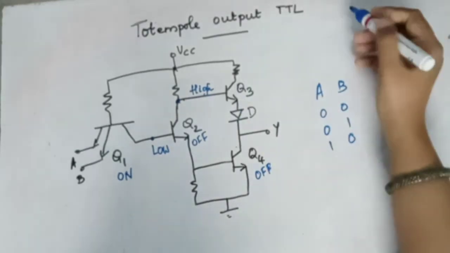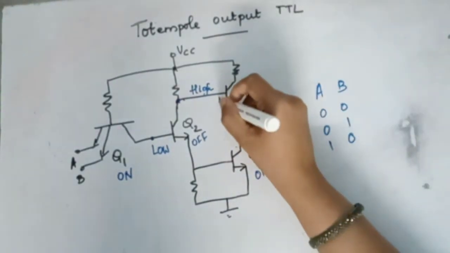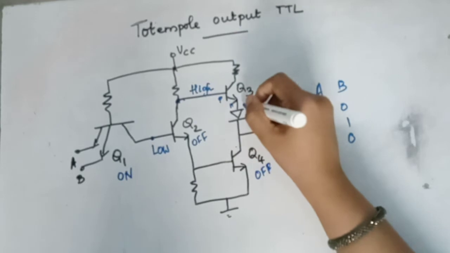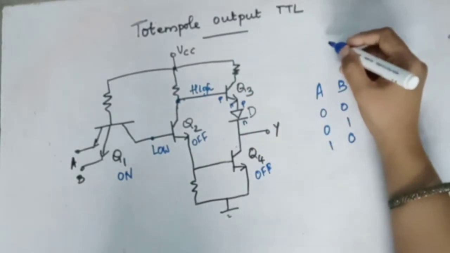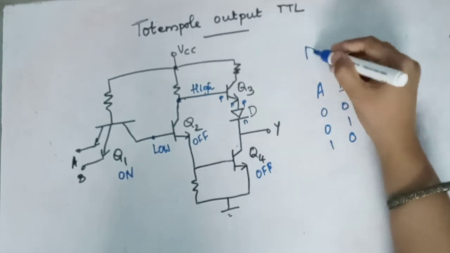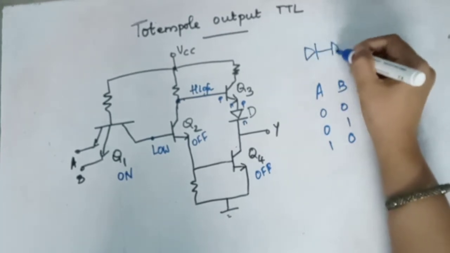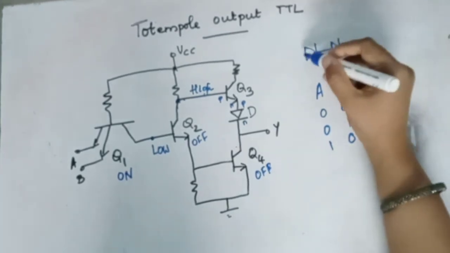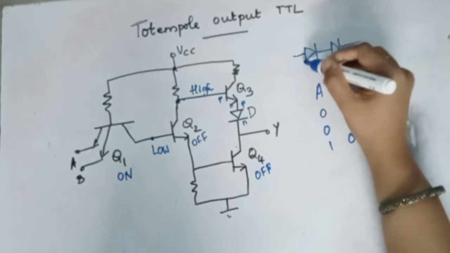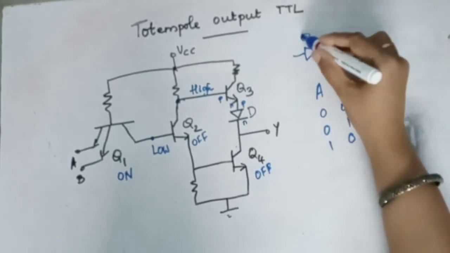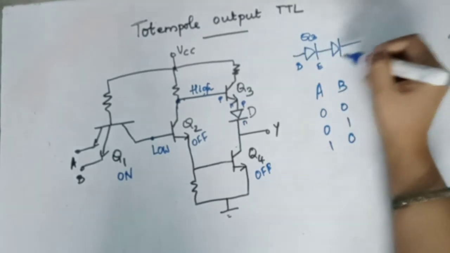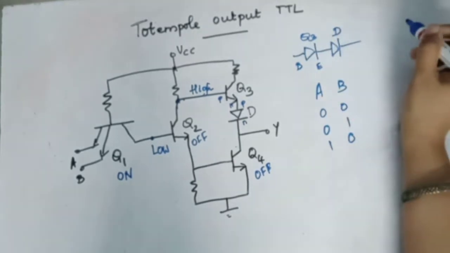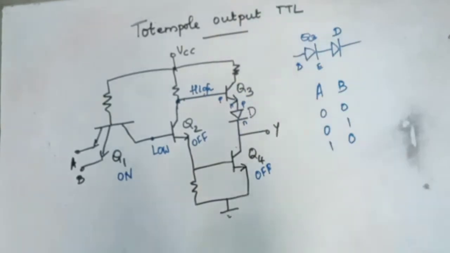Now Q3 and D, if you see, this is P, this is N, this is again P, this is N. So you can say that it is like two diodes in series. This is the PN of the base emitter of Q3. This is Q3 base emitter, which is P and N. This is the diode itself. So these two are in series.